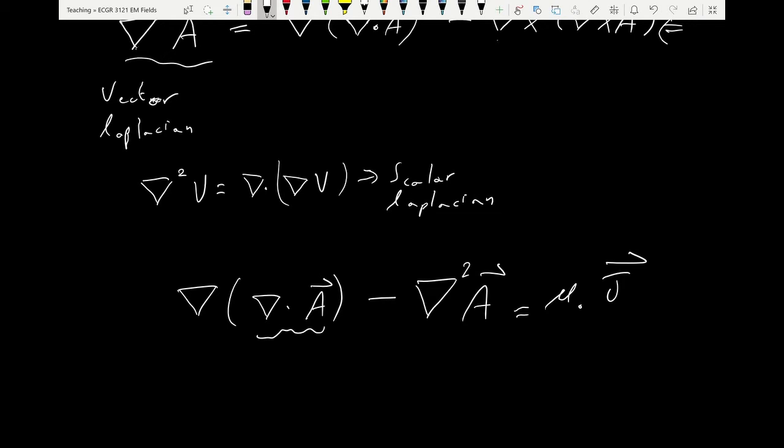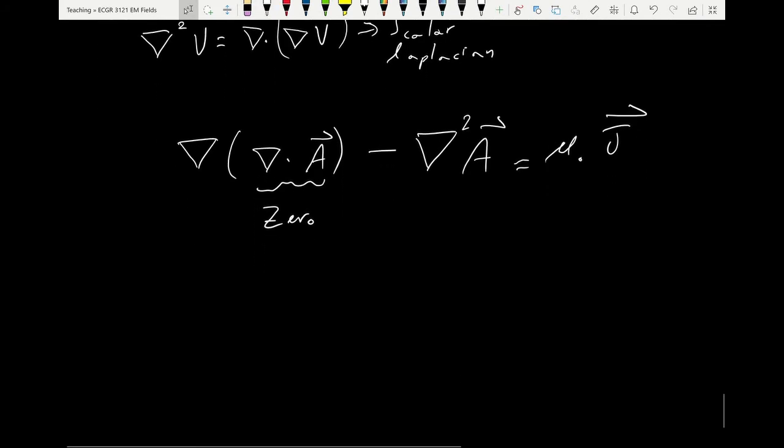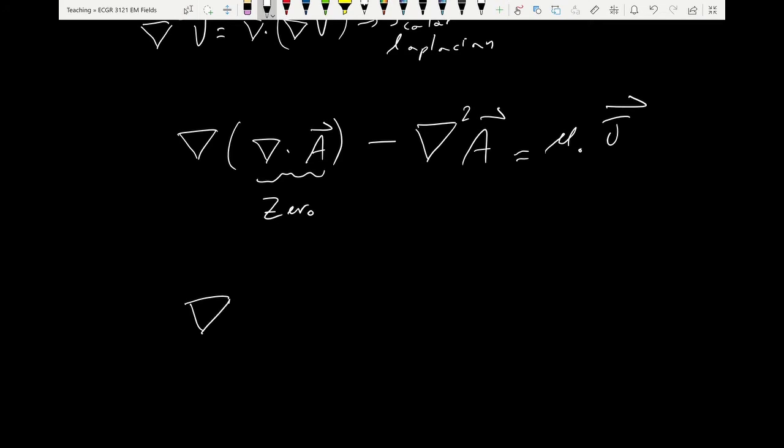And this is where we apply it here. So we want to make sure that this is 0. Right? So A is selected in a way such that this is 0. This allows us to simplify the expression as the vector Laplacian of A being equal to minus mu naught J.